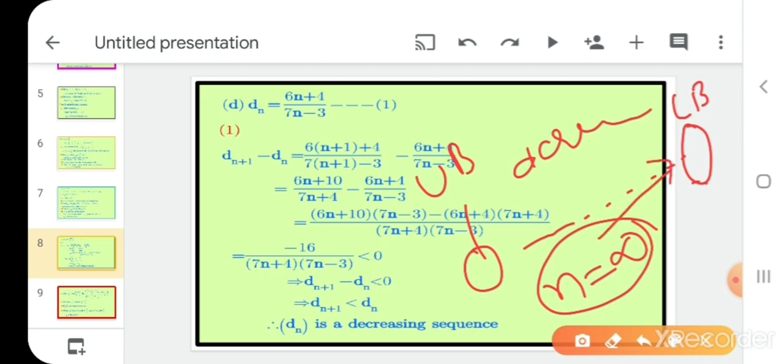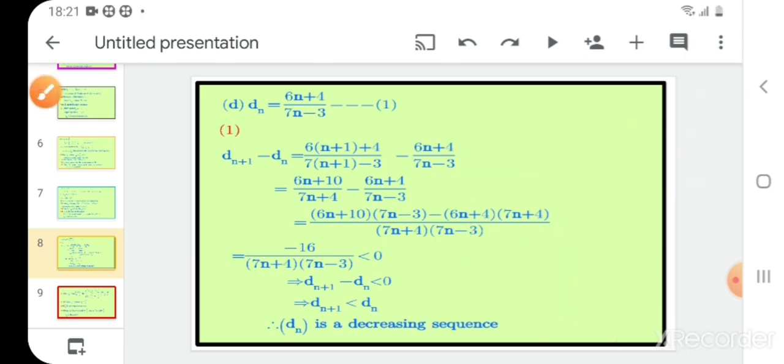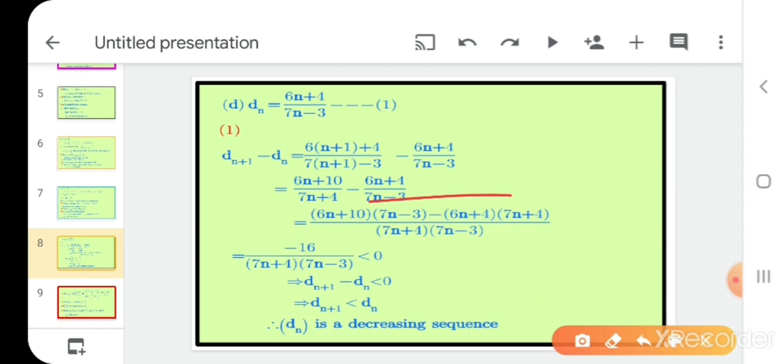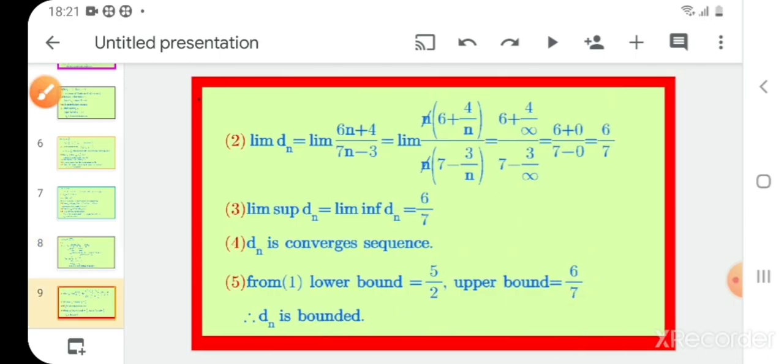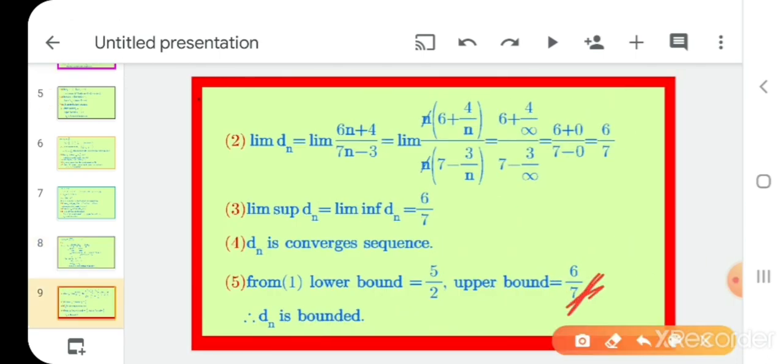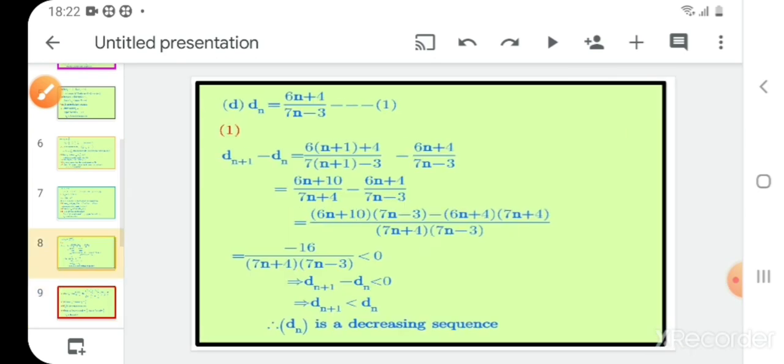What is the upper bound here? 6 by 7 is the upper bound. At n tends to infinity, the last value is the lower bound. What we get here? 5 by 2 is the lower bound of the given sequence. Okay, is it clear?